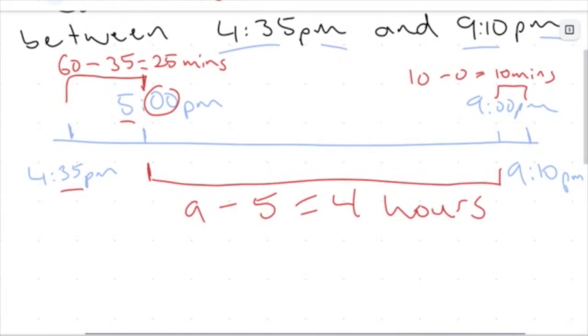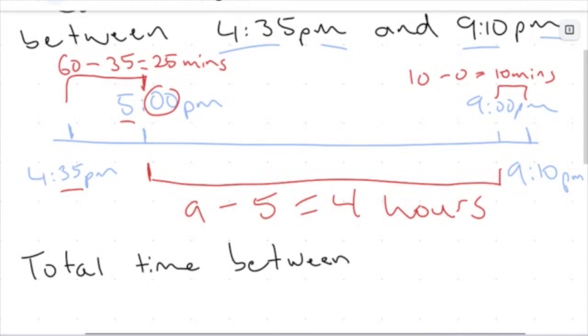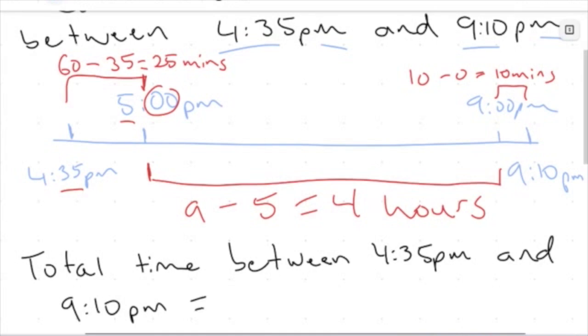Putting this all together, my total time between 4:35 p.m. and 9:10 p.m. equals 4 hours, the time between here and here.